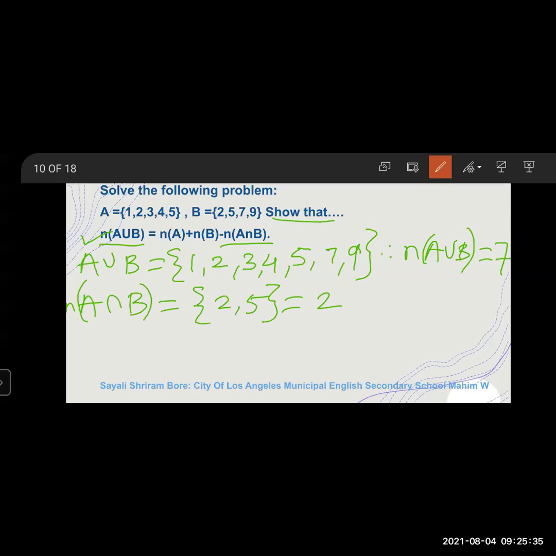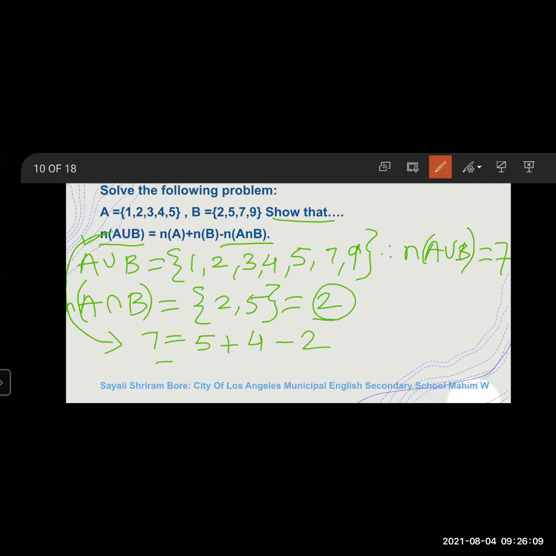Now, show that means your left hand side should be equal to the right hand side. So simply substitute in the formula. Union, how many elements? 7. Then N of A, how many elements? 5, plus N of B, how many elements? 4, then minus the intersection part, how much? 2 elements.